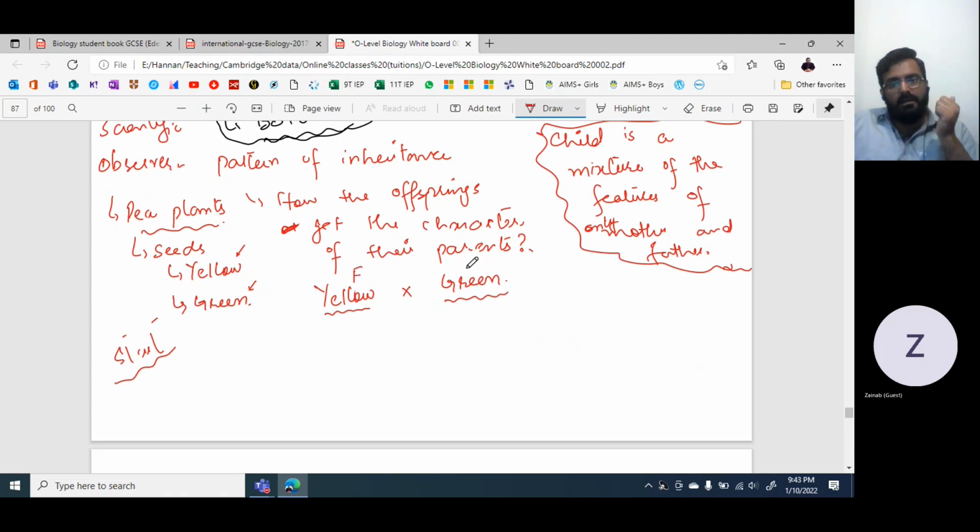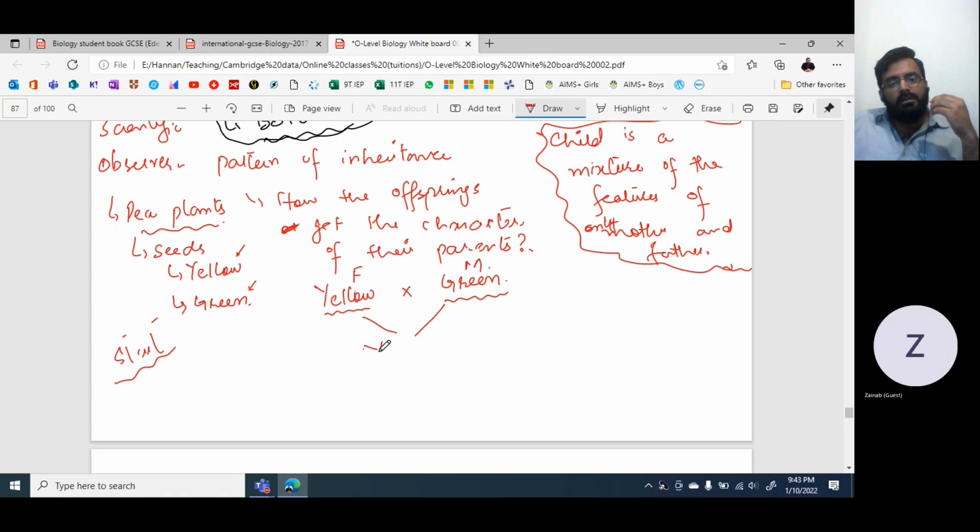Assume that this is the father plant and this is the mother plant. When he crossed these two organisms of the same species but of different characters, one producing yellow seed and one producing green seed, what happened?